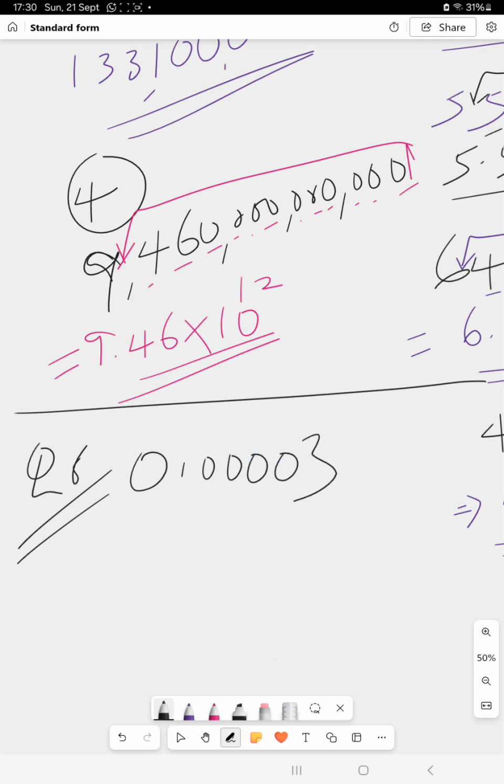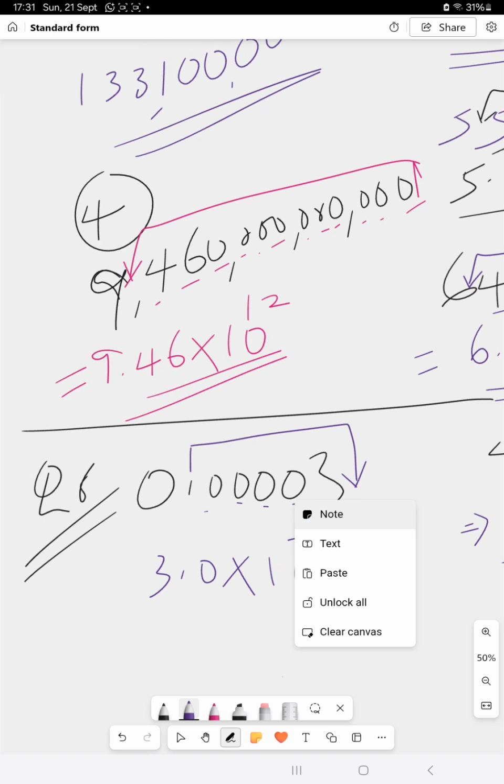Now, how do we solve this one? Very simple. In this case, we are shifting the decimal point from this point to here. 3 is our first digit, and therefore it will be 3.0 multiplied by 10, then you count 1 2 3 4 5, power negative 5. As simple as that. That's A.